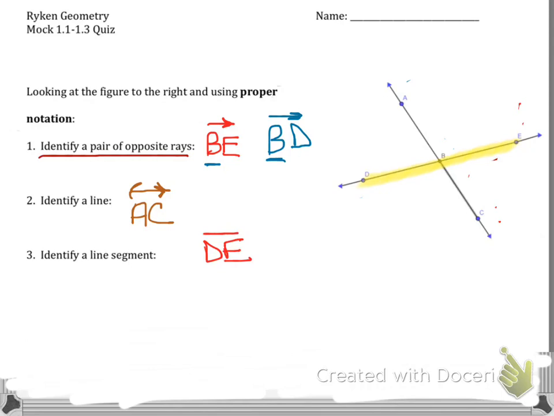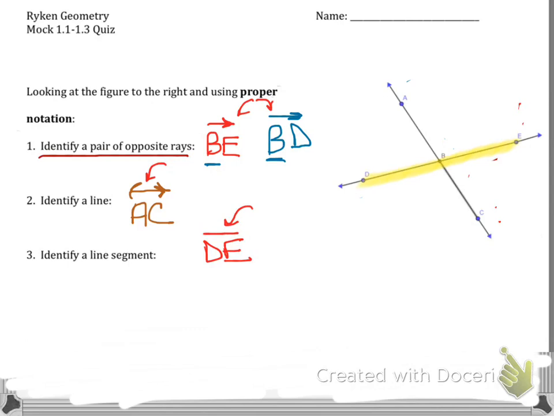I just have either a line segment symbol, a line symbol, or a ray symbol. Those are the three you have to use, and those are your proper notations. Without them, you have not identified the proper item that they asked for in questions 1, 2, and 3. So make sure that you're clear on that.